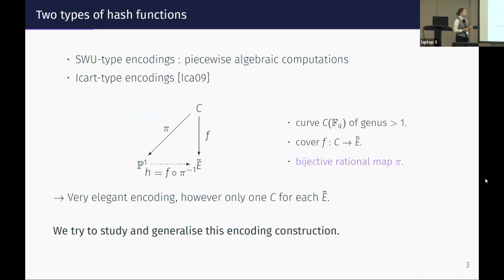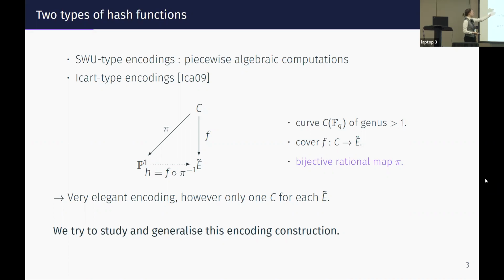Currently, we distinguish mainly two types of families for hash functions toward elliptic curves. The first one is called SWU-type encodings, and the second one that we will be interested in is called Icart-Type encodings. We can consider that this kind of encoding is structured in the following way.